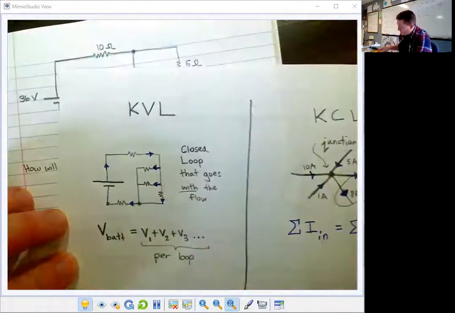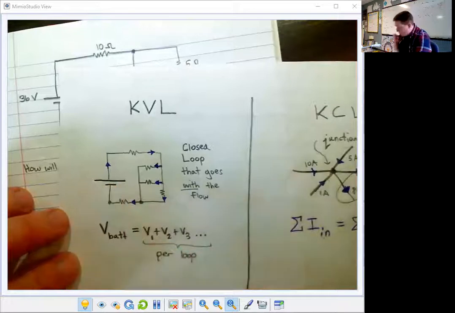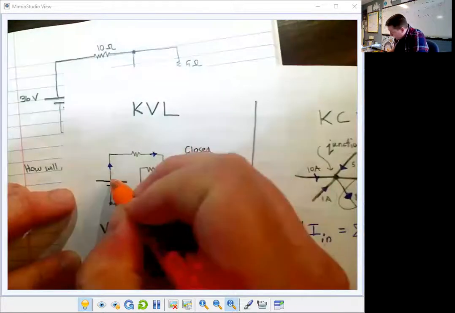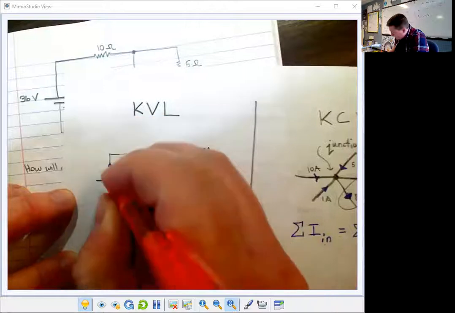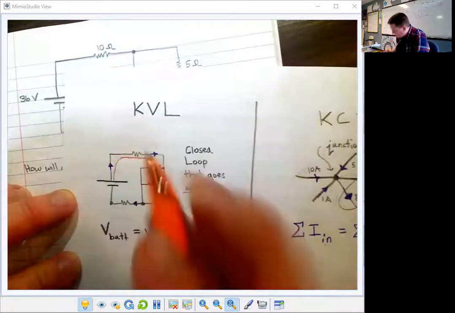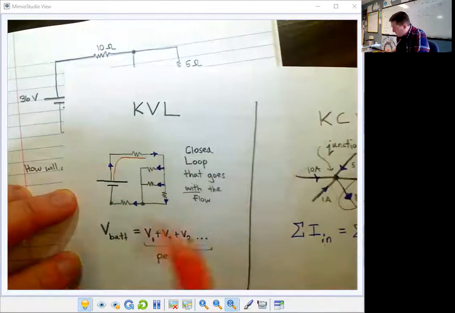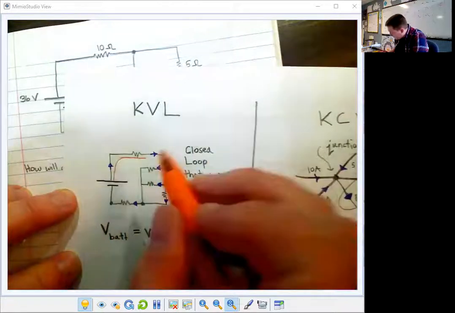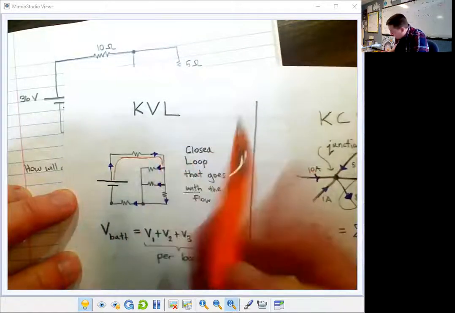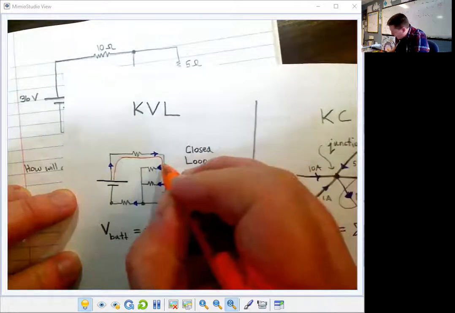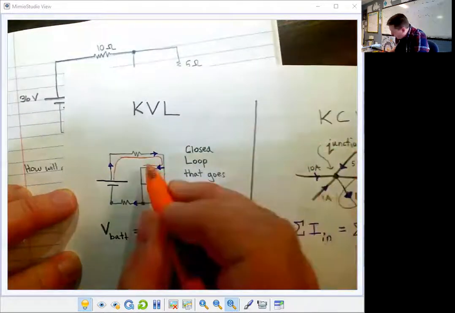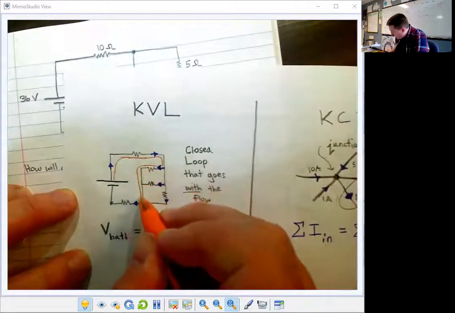So you have to start at the battery and you go with the flow. If I go this way and go through this resistor, that's the first voltage drop of this pathway, okay? When I get to here, I have to pick this path or this path. Let's say I go this path, still going with the flow. And then I get another junction, I go with the flow.